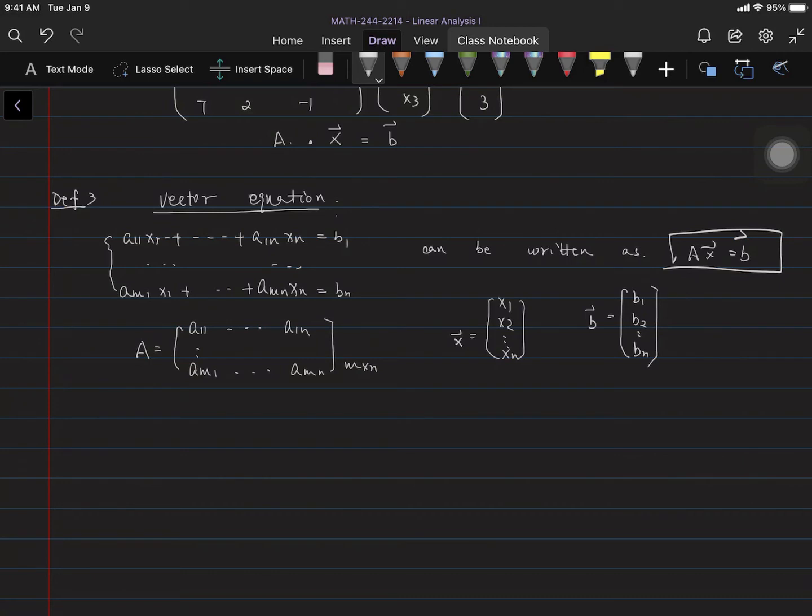x is also called the vector of unknowns, and b is called the right-hand side vector, or you can call it the constant vector.